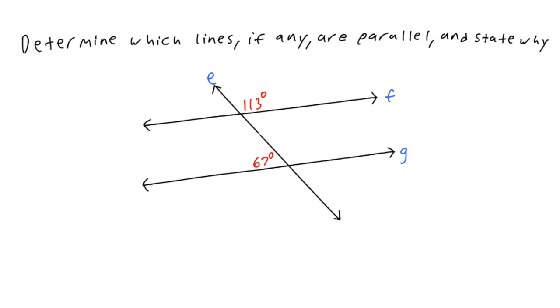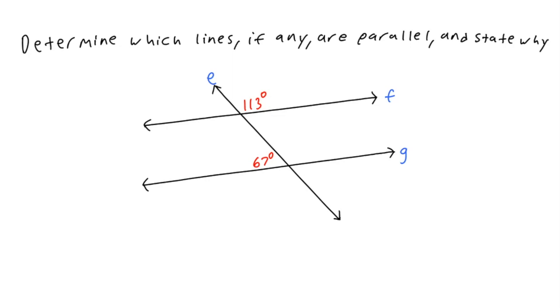They're not both interior, just 67 is, and 113 is an exterior. That would only leave corresponding angles, but they're not in the same spot. 67's in the upper left-hand corner, 113's in the upper right-hand corner. So they're not a special angle pair. So we need to find other angles that could make a special angle pair.